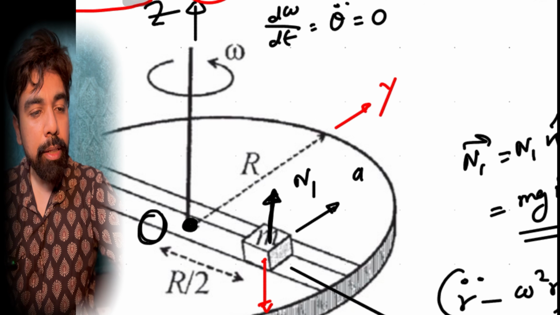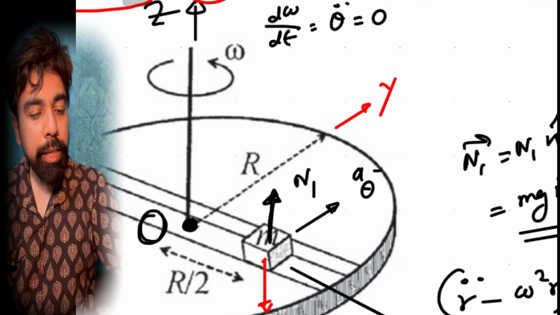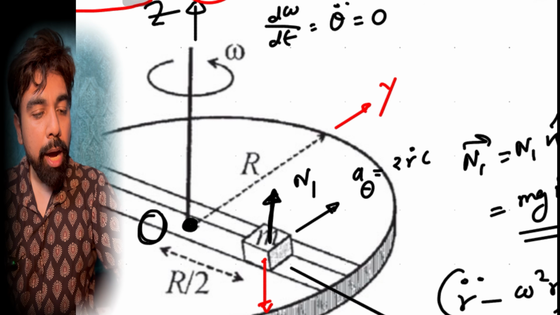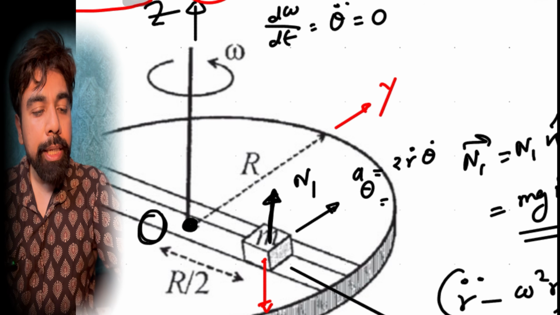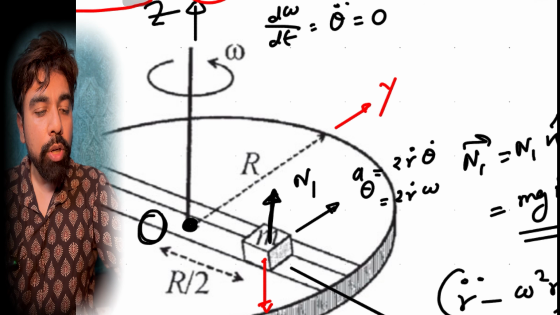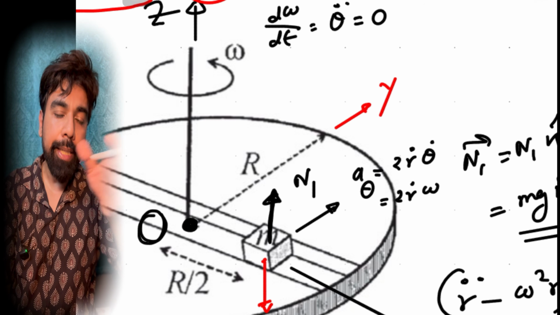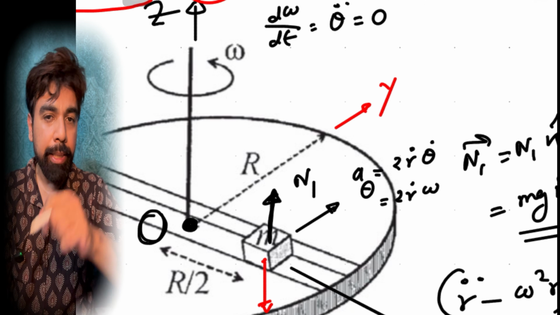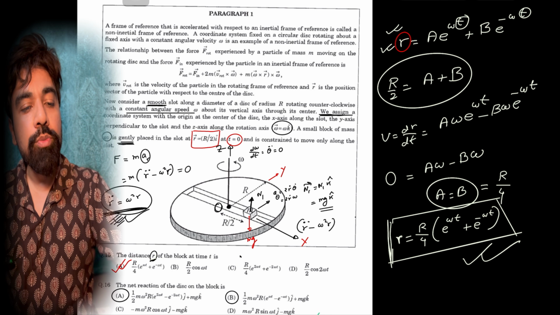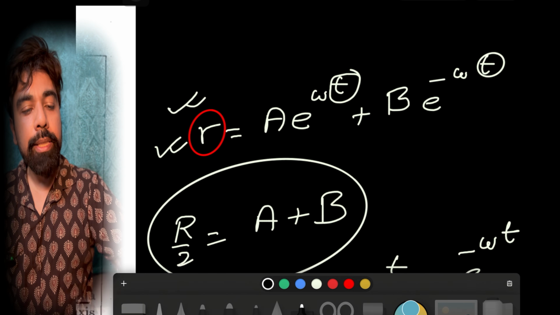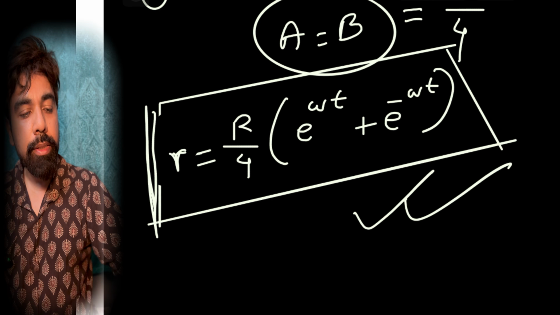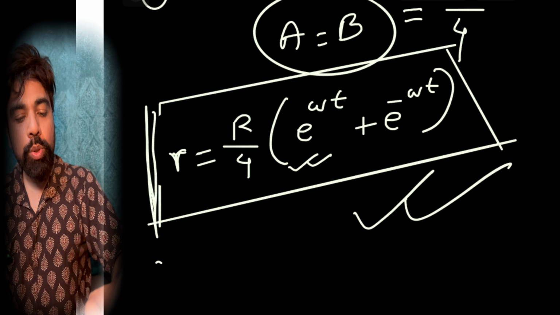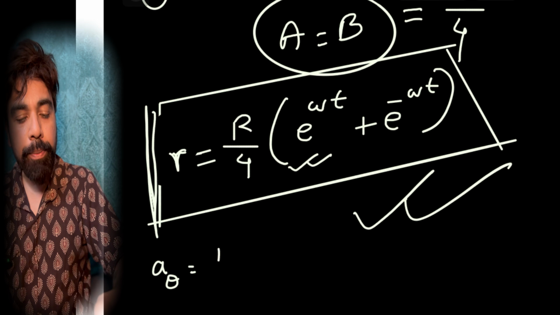a theta will be 2 r dot theta dot, because alpha becomes 0. Now theta dot is omega, so 2 r dot into omega is the net acceleration along the tangent by that formula. Now your r is how much? R is given by this formula, that is what we have solved. So the acceleration in the direction of the tangent, a theta, will be how much?